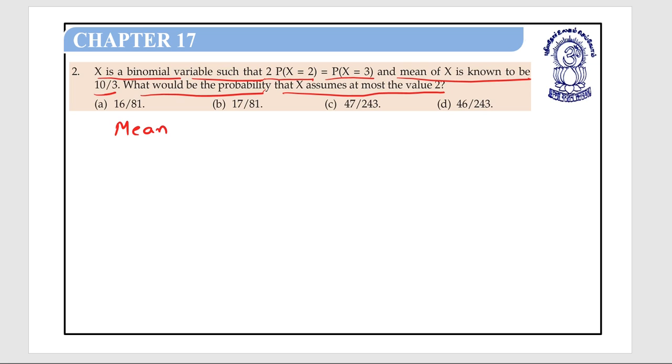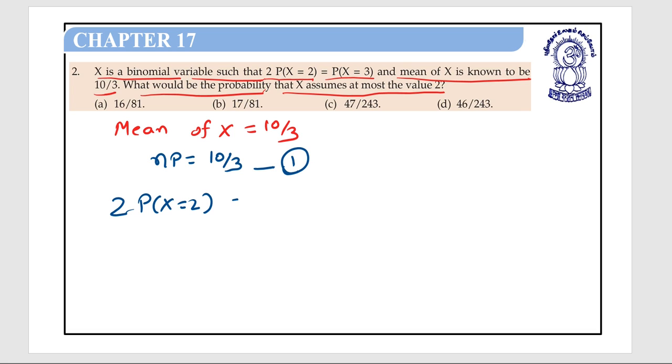Mean of x is equal to 10 by 3, so np is equal to 10 by 3. That is formula 1. Here given 2 into P of x is equal to 2 is equal to P of x is equal to 3.